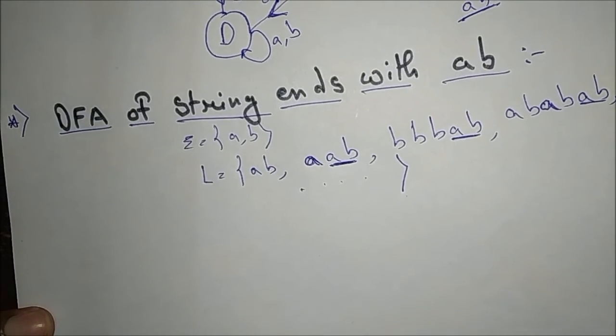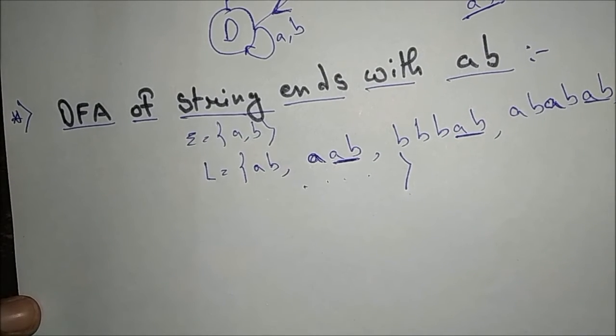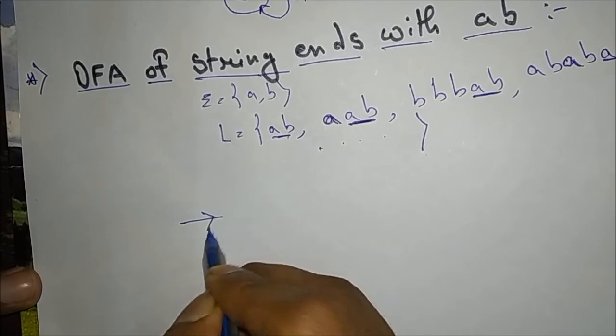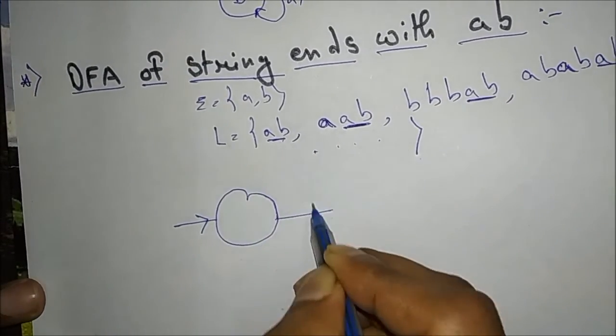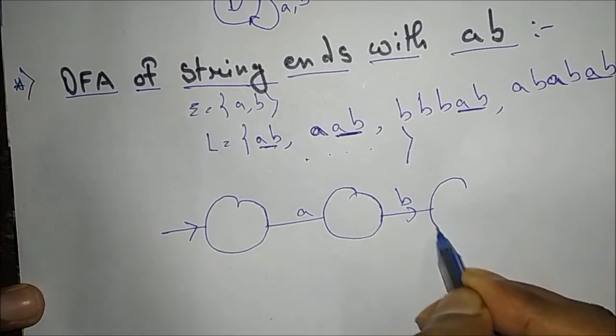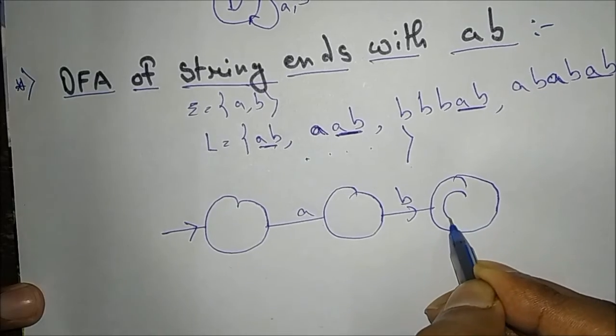So we'll draw a DFA, a deterministic machine, for strings that end with AB. We'll take the minimum string, that is AB. Now after seeing A, we'll go to this state, and after seeing B, we'll move to this state and accept it.